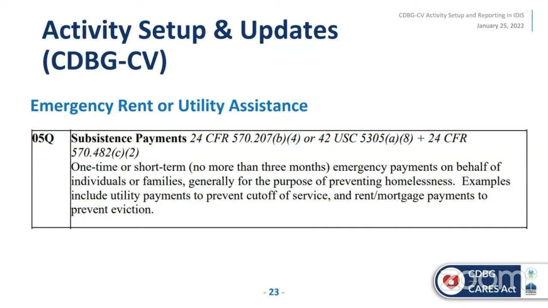This is one that the waiver was specifically about this activity type. So when you have emergency rental assistance activities with CDBG-CV, you want to make sure that they're set up under 05Q. That would also be for utility assistance or anything else normally under 05Q.